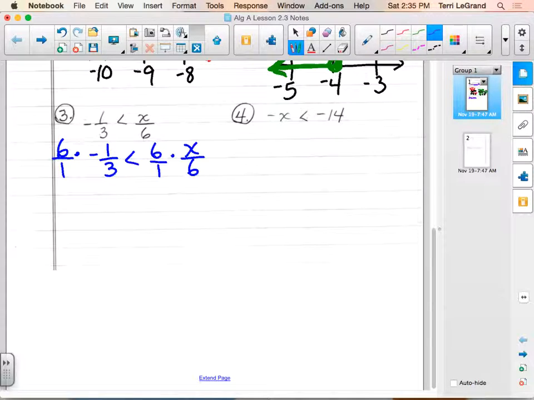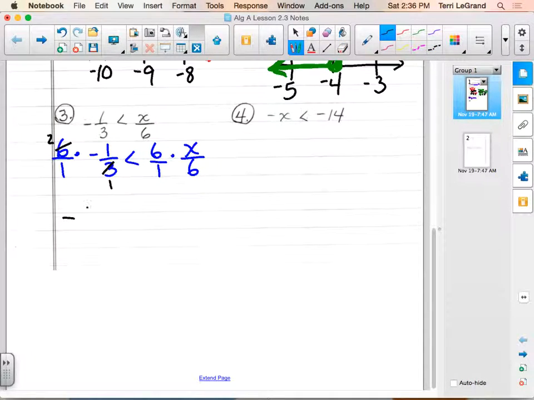So now on the left side, we have a positive 6 over 1 times a negative 1/3. So a positive times a negative is a negative. And then we can say 3 goes into itself once, goes into 6 twice. So we have 2 times 1 upstairs over 1 times 1. This becomes negative 2. I'll move that down a little bit because I'm kind of crowding out.